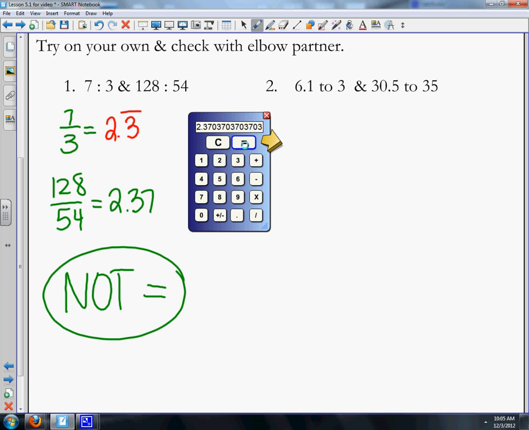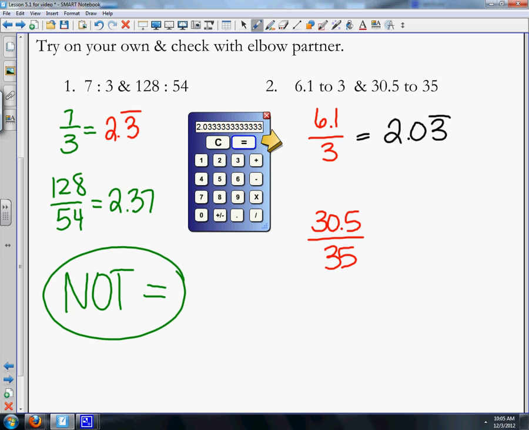Here I'm going to do 6.1 divided by 3, and then I'm going to do 30.5 divided by 35. So 6.1, hit the division sign, divided by 3 equals 2.03 with just the 3 repeating.